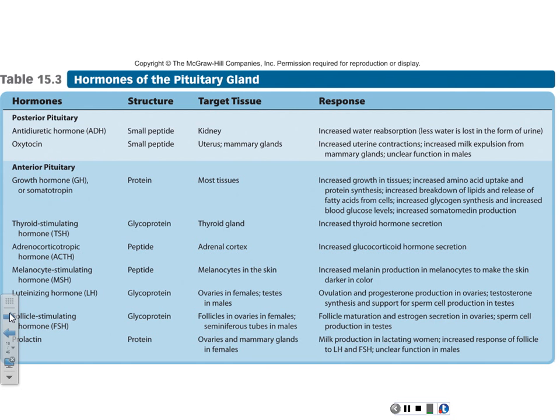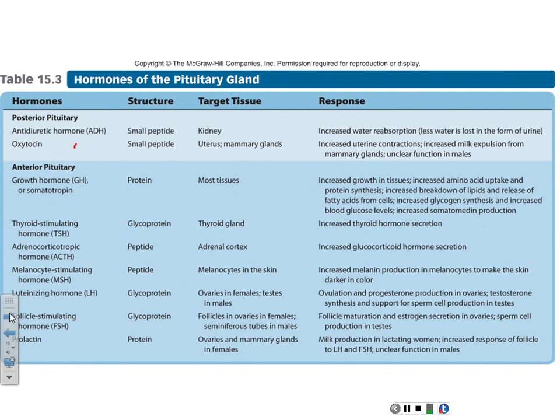Another one is oxytocin, which is involved in uterine contraction. It's also found in males, but they don't know what its function is. I bet it's contracting smooth muscles, such as maybe for the release of sperm, because you have to control the epididymis and the vas deferens. So maybe that's what it works there for, but they're not sure of it.